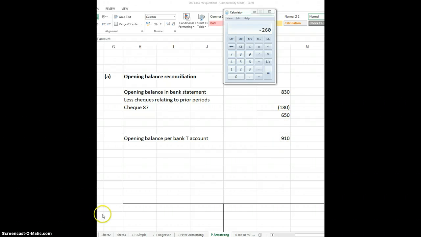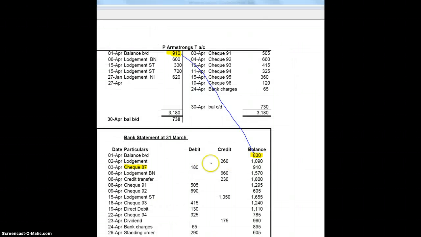We're looking for 260, and we go to the bank account, and at the start of the month there's a lodgement here, no reference, for 260, so that's our reconciling difference. So this lodgement here is for 260. All the other lodgements, there's one on the 6th, the 15th, the 15th, and they're here recorded in the bank account.